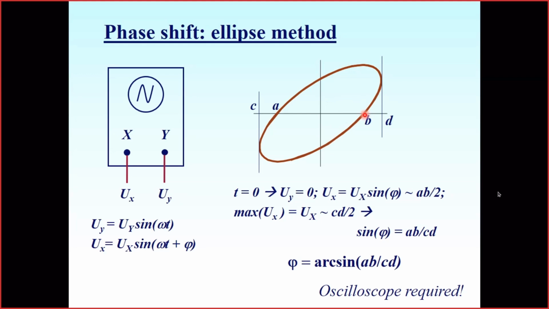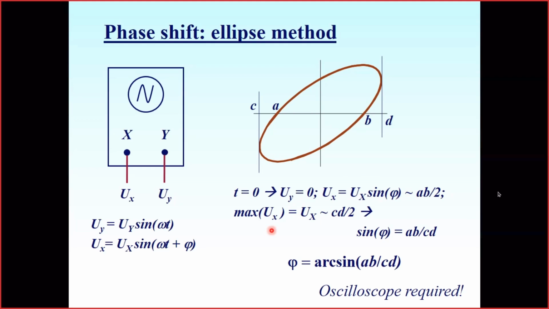So it's actually this point, and we may easily understand that the value of the signal at that moment will be just equal to the length of AB divided by 2. So it's Ux sine phi.